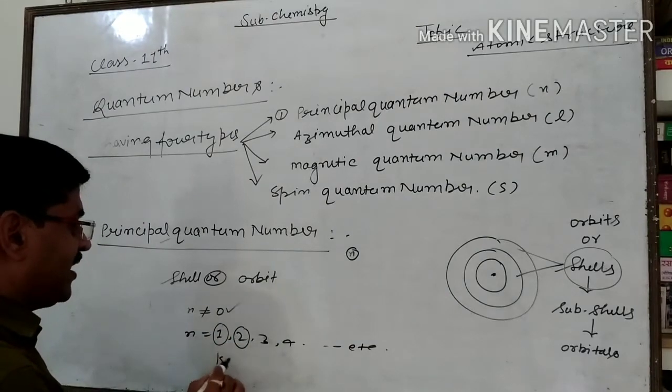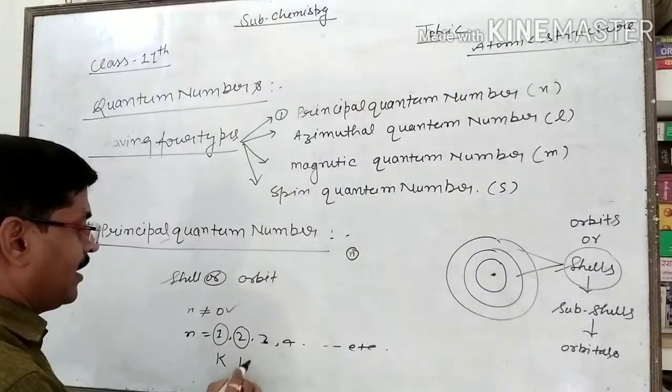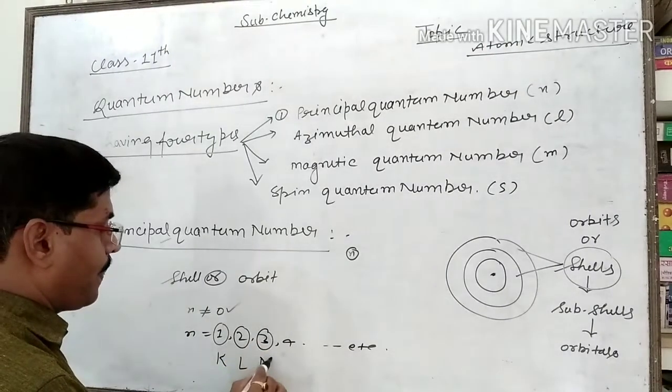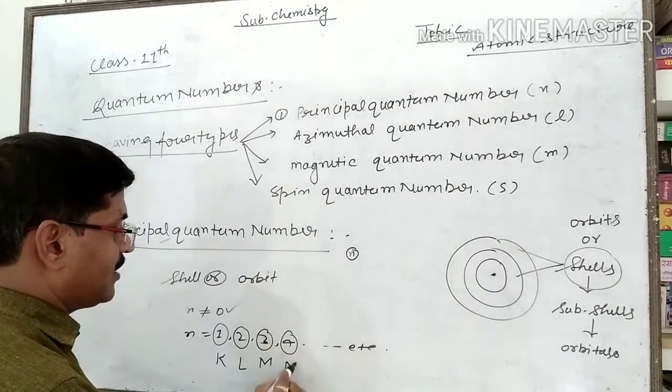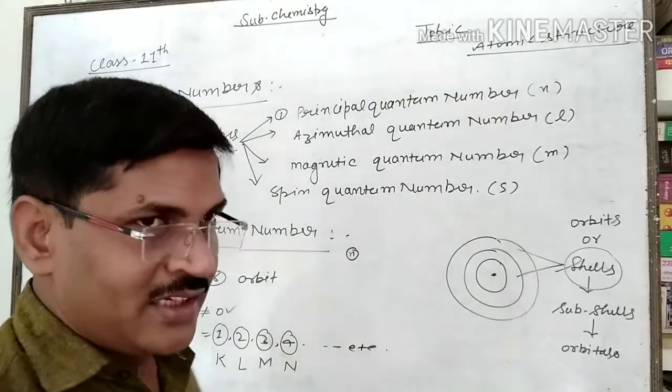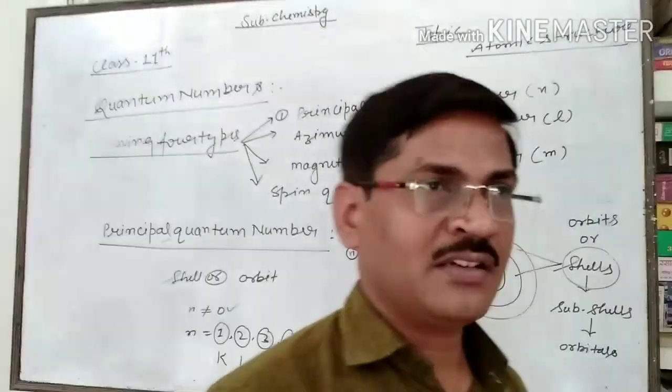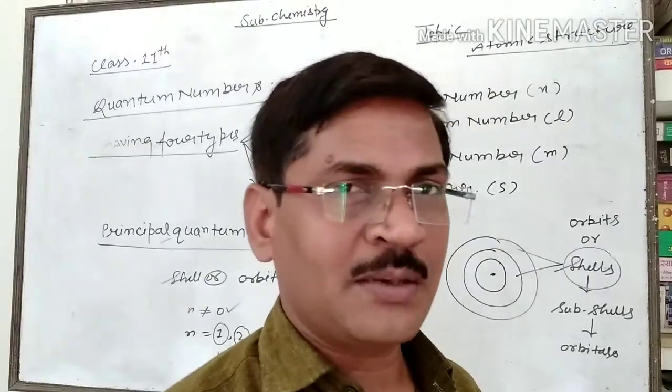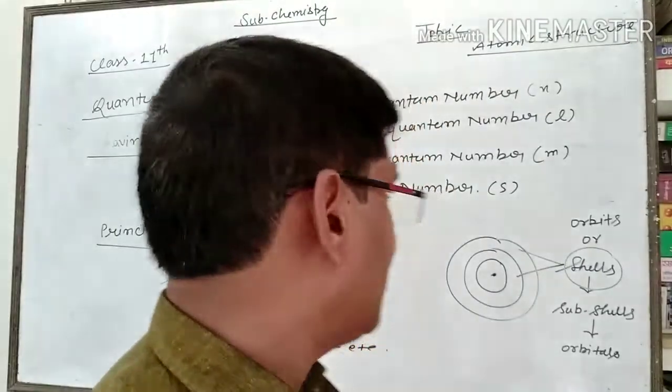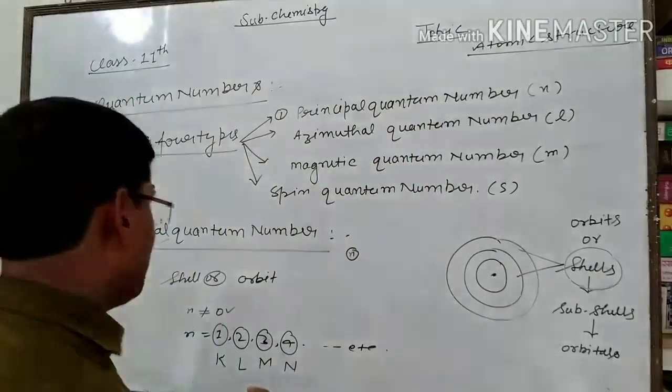If it is the second, it means L. Third, it means M. Fourth, it means N. So as I said in the definition of the principal quantum number, this represents the position of an electron in the shell or in the orbit of an atom.